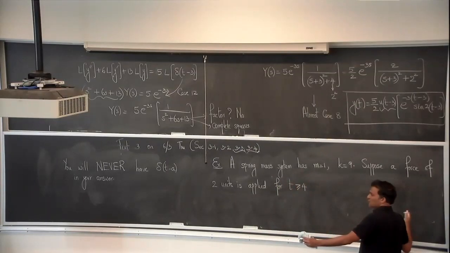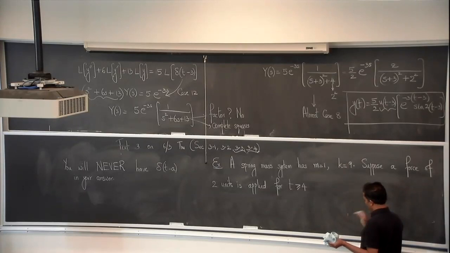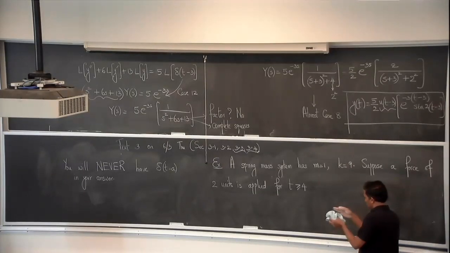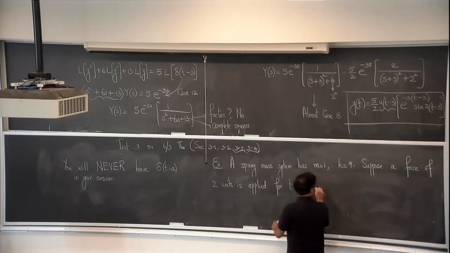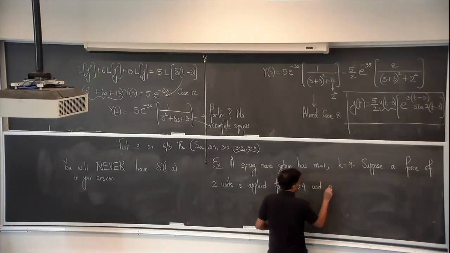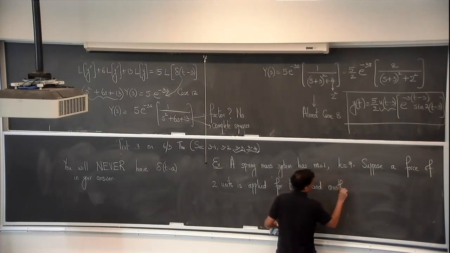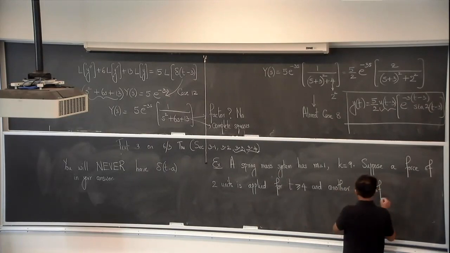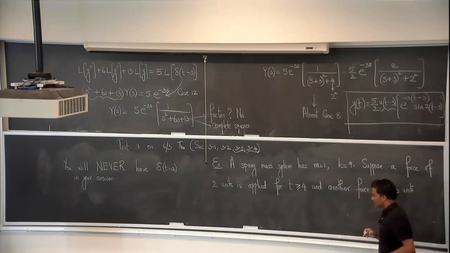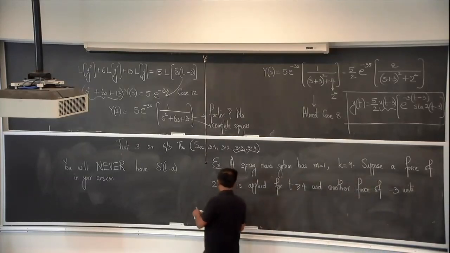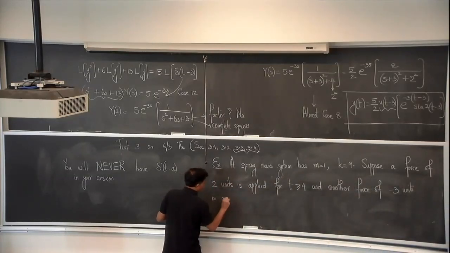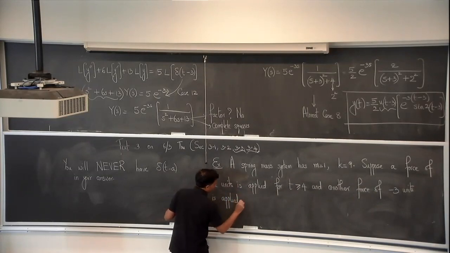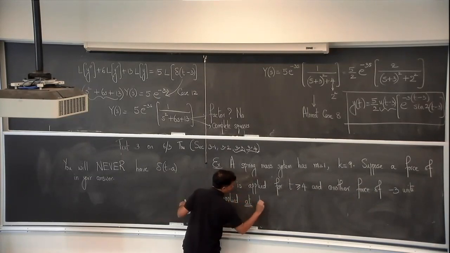So initially there is no force. Okay. So then you're applying a force of 2 units, but you're not really shutting it off. It's not an instant input, it's a step input. Okay. And another force of negative 3 units, it's the opposite direction, is applied at t equal to 7.